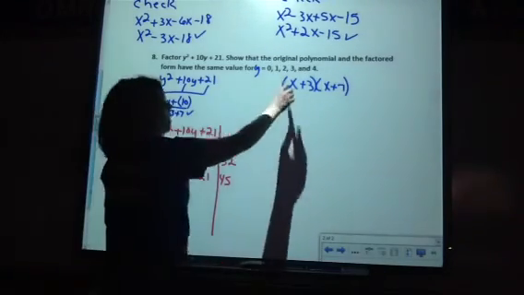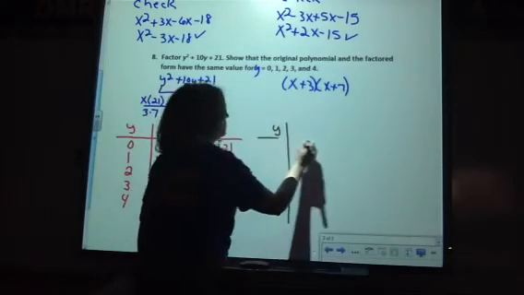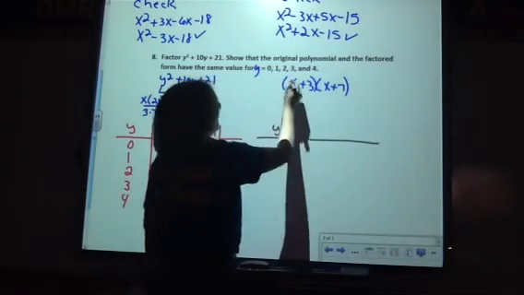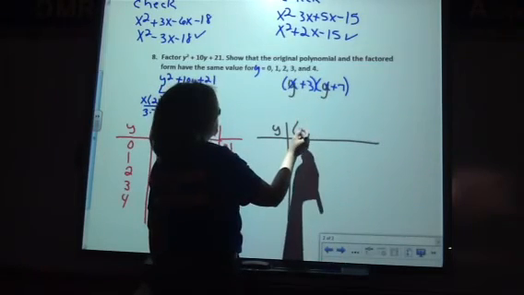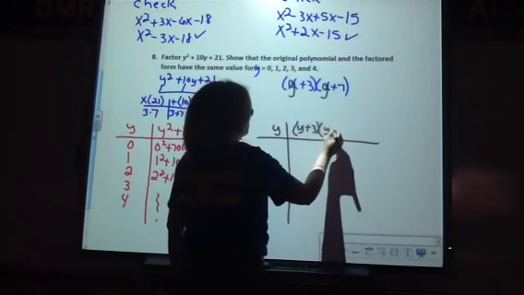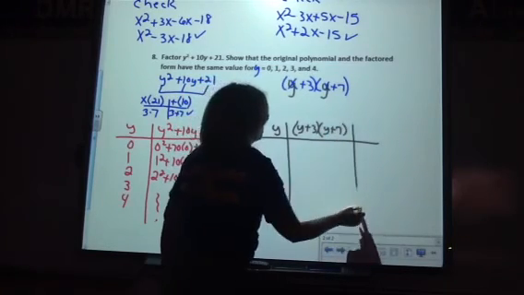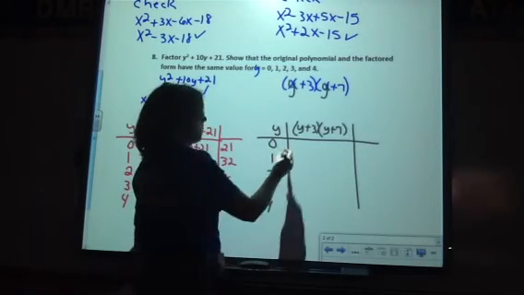Then you're going to take your factors here. Oh, guys, and that should be a y, not an x. We're going to substitute 0, 1, 2, 3, and 4 in for y.